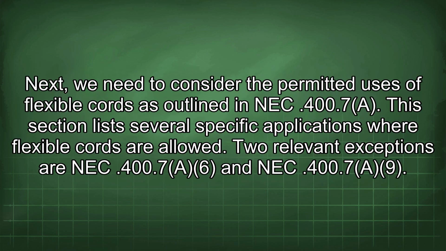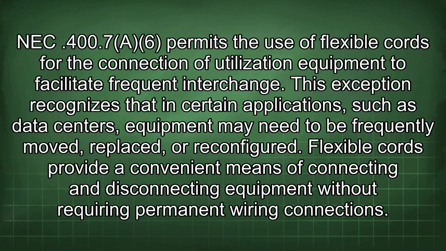Next, we need to consider the permitted uses of flexible cords as outlined in NEC 400.7(A). This section lists several specific applications where flexible cords are allowed. Two relevant exceptions are NEC 400.7(A)(6) and NEC 400.7(A)(10). NEC 400.7(A)(6) permits the use of flexible cords for the connection of utilization equipment to facilitate frequent interchange.